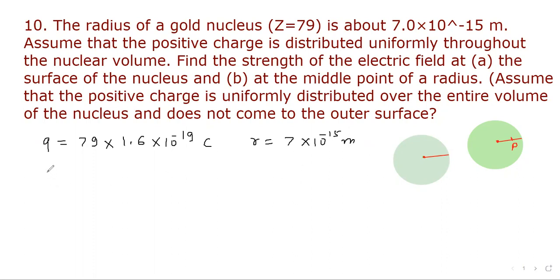Now, electric field, either we can apply Gauss law or we can write directly E equal to Q divided by 4 pi epsilon naught R square.